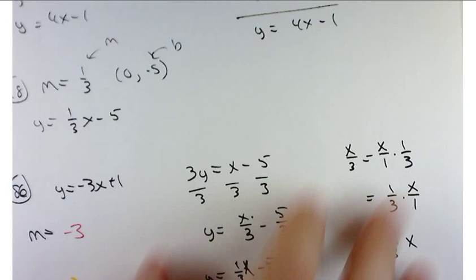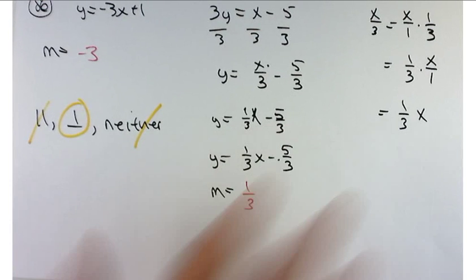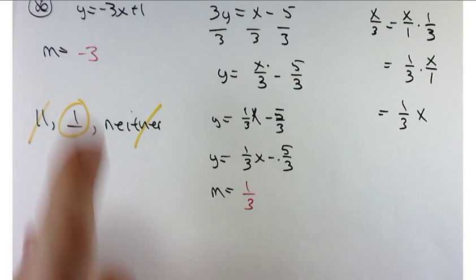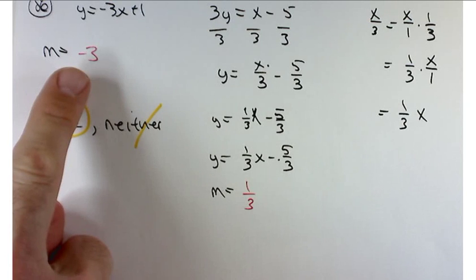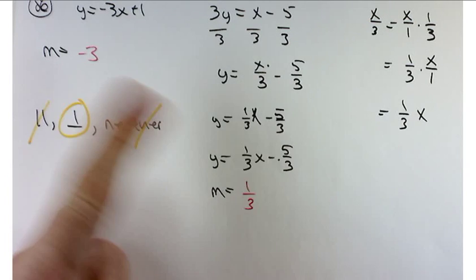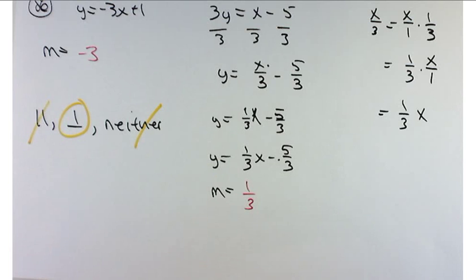They would, again, be neither. They're going to have opposite signs. Remember, they're going to have to multiply to give me a -1. So that means one has to be positive and one has to be negative. Because if they're both positive, you get a positive product. If they're both negative, you get a positive product. So they have to have opposite signs at the very least if you have any chance of them being perpendicular.